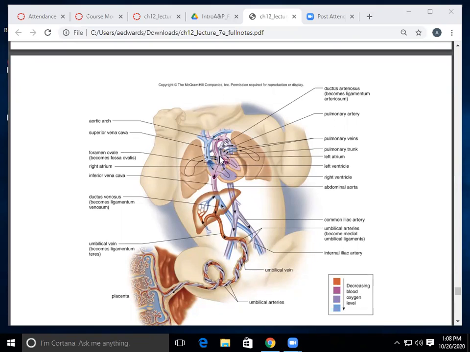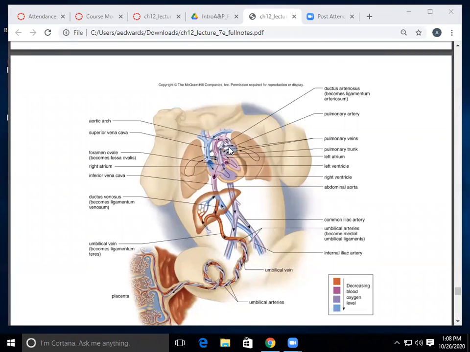Here's your pulmonary artery. Blood can get shunted away from the pulmonary artery via the ductus arteriosus up here, bringing that blood back to the heart.